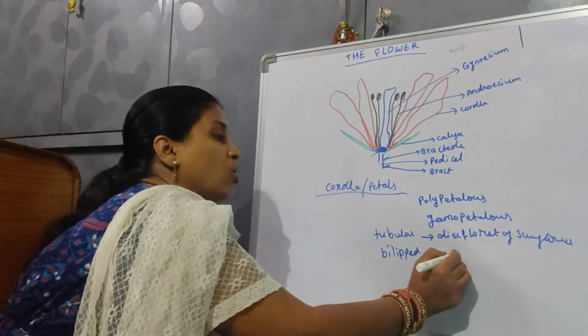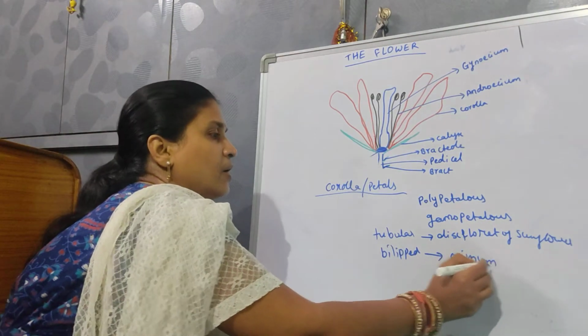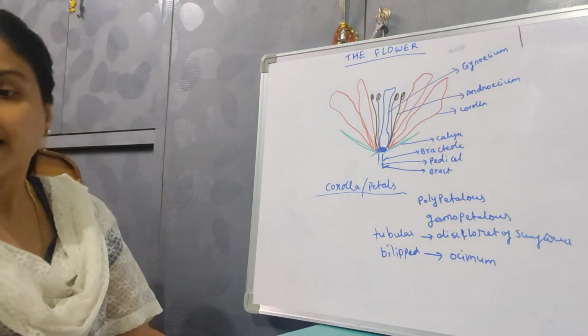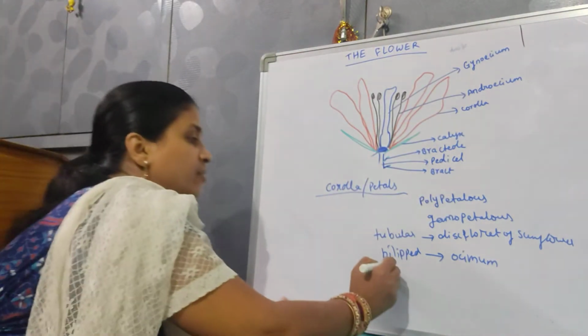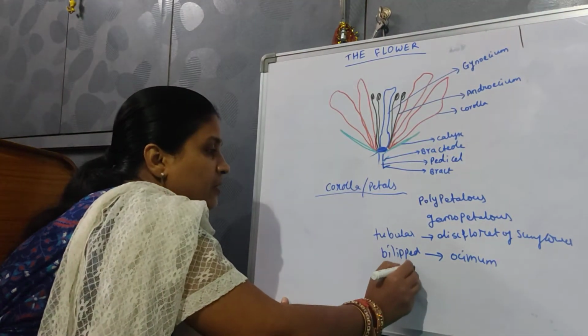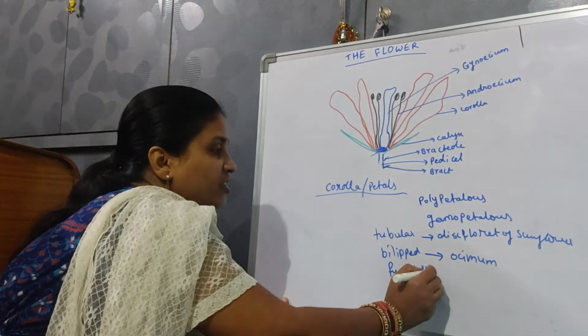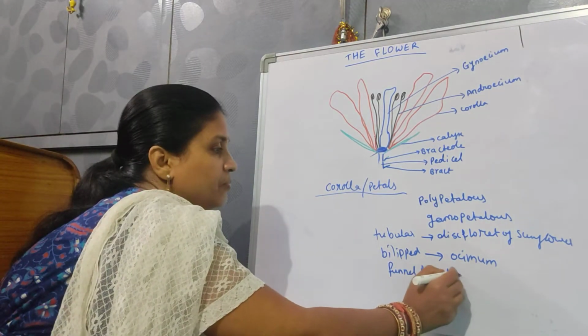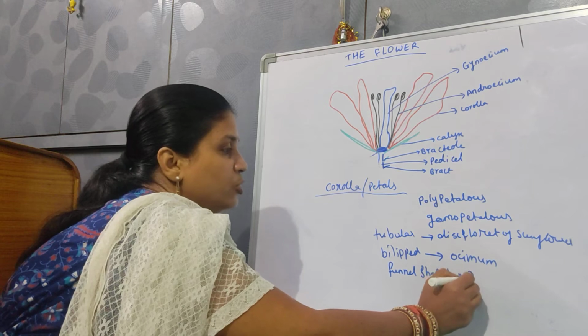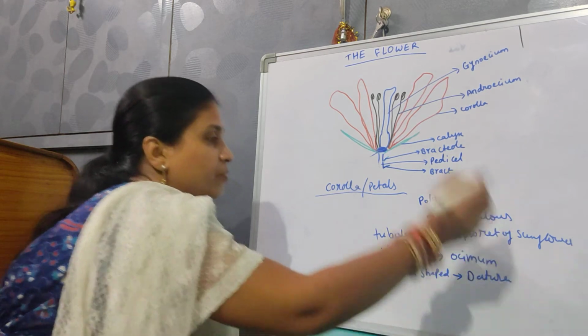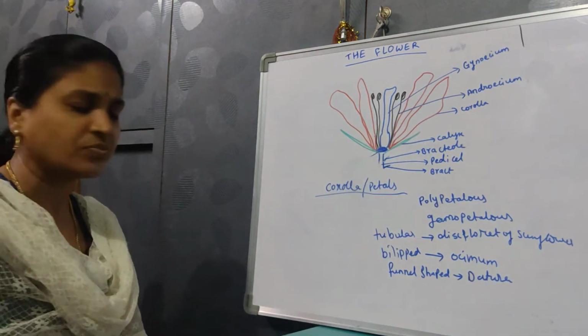Bilipped is present in ocimum, tulsi. Then funnel shaped in datura. This is about the shape of the corolla.